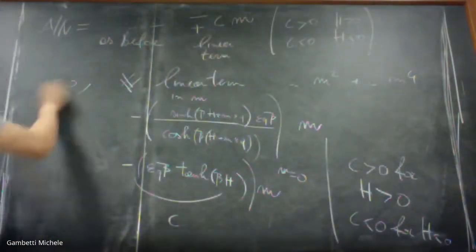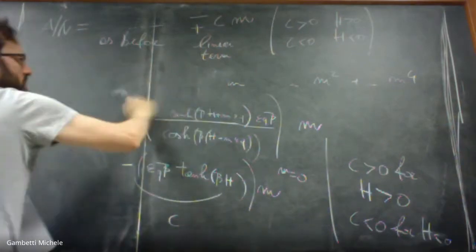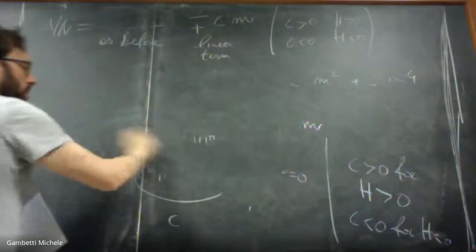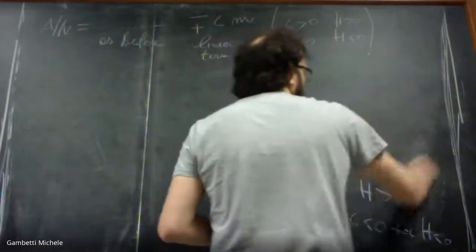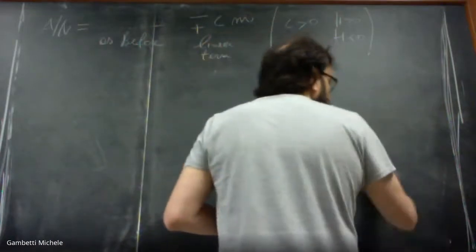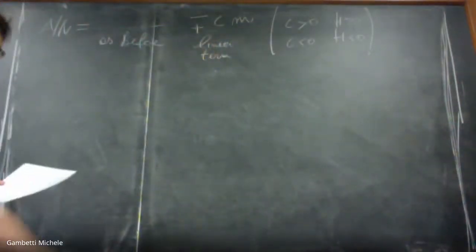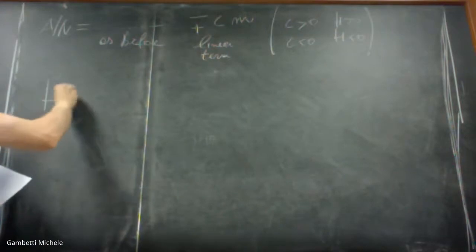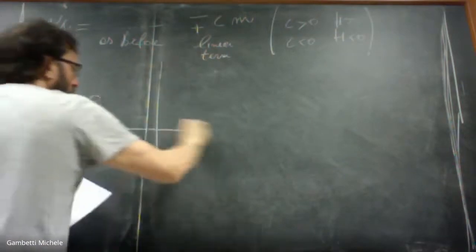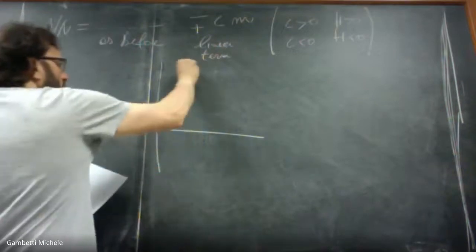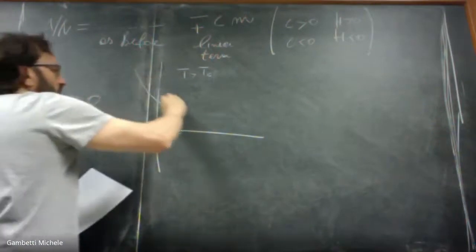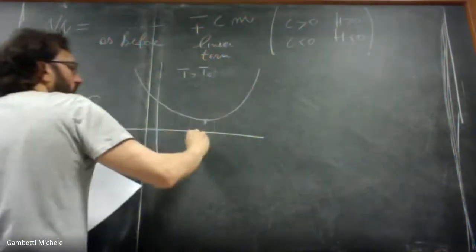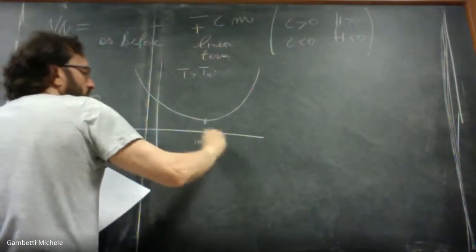Now it's a matter of doing the plot, basically. Now this is again a quartic, but there is a linear term in m that changes a little bit the structure of this plot, and actually it spoils the critical behavior in terms of phase transition. So if you do the plot, as I said before, for H larger than 0, if T is larger than Tc, you will get something like this, with a finite value of magnetization, which is different from 0.